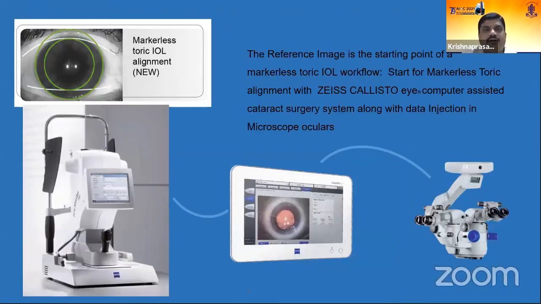Once again, I want to tell more about this markerless system, how it is incorporated, especially when you're operating a premium IOL where you want to place the incision. When you do the toric IOL implantation, you can take that, then go straight into the OT.